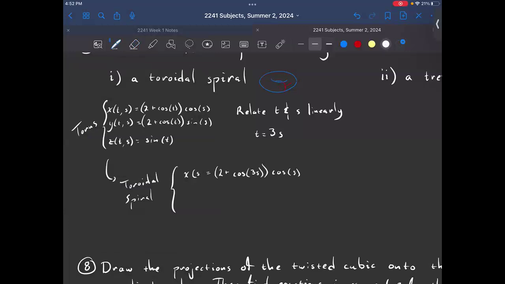X of s, y of s equals 2 plus cosine of 3s times sine of s, and z is sine of 3s. And there we go. There's our toroidal spiral. If you go ahead and graph these equations in like Desmos or something, you should get a toroidal spiral.